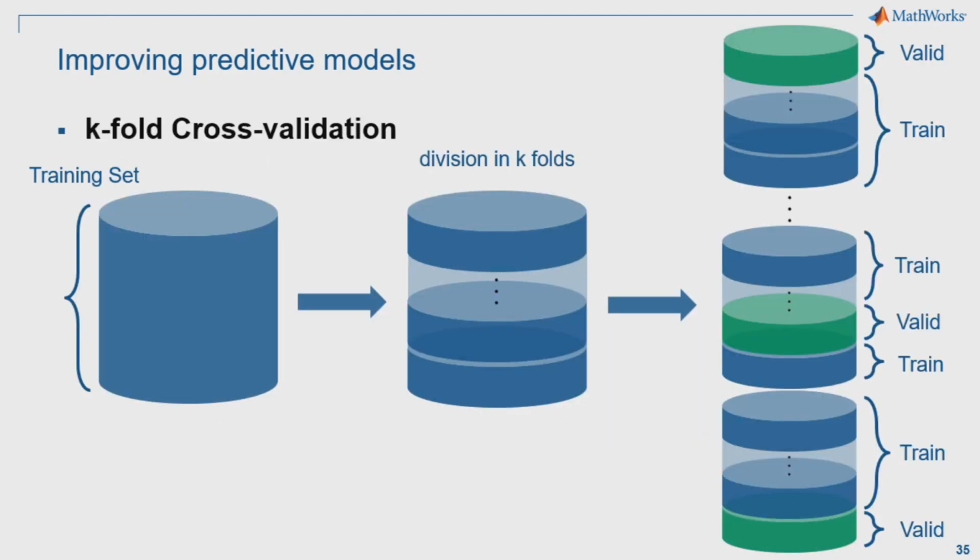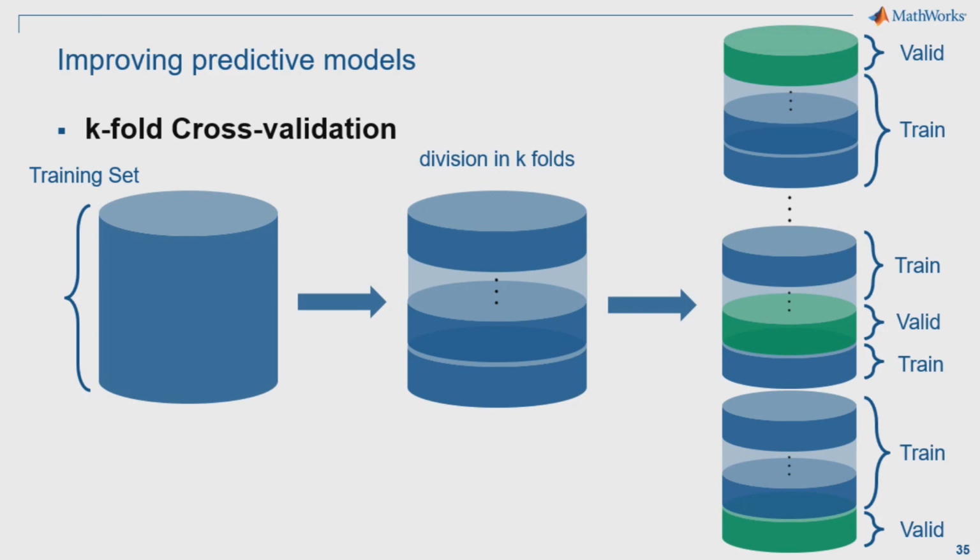But this can be done in a more rigorous manner with k-fold cross-validation, in which instead of just partitioning our dataset randomly once, we divide our training set into k folds, and these k folds are used in different iterations to build our model using k-1 folds as the training set and the remaining fold as the validation set.